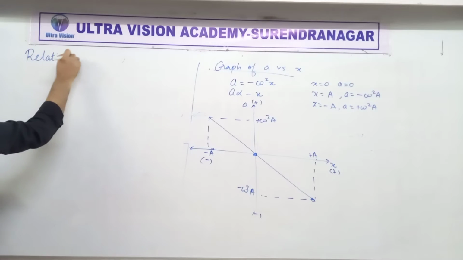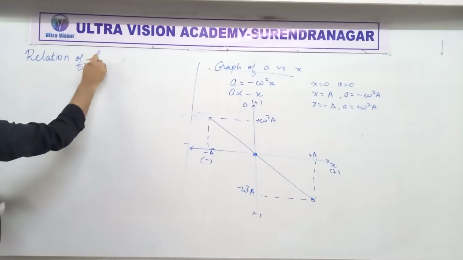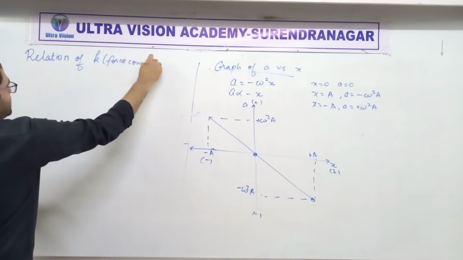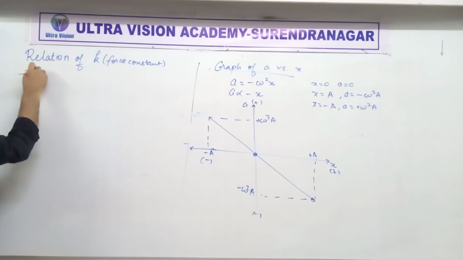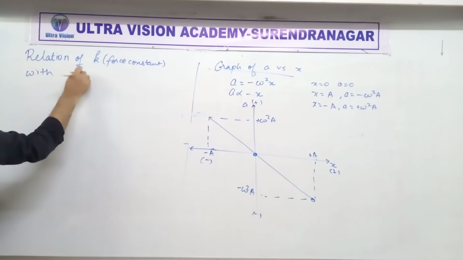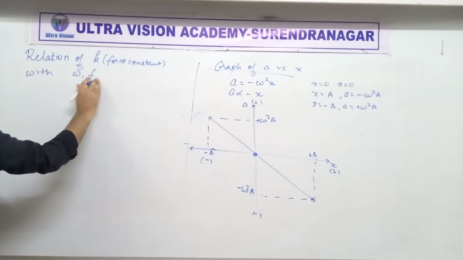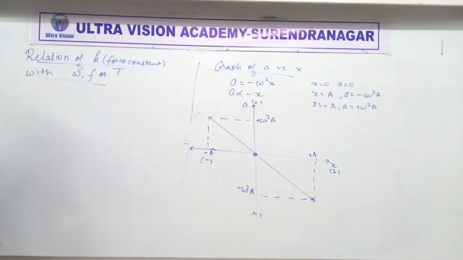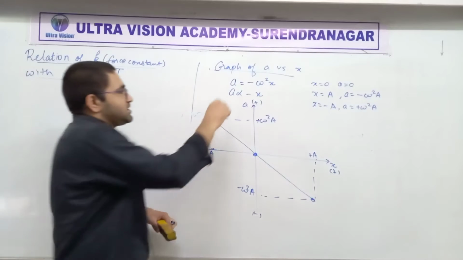Relation of K, that is force constant, with ω, f or T, that is time period. Relation of force constant with ω, f or T. Why is this graph not wave shaped? Simple reason, Tracy.